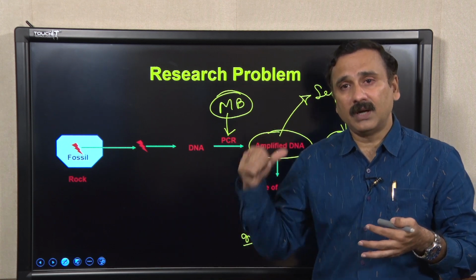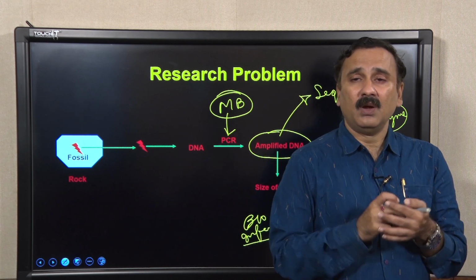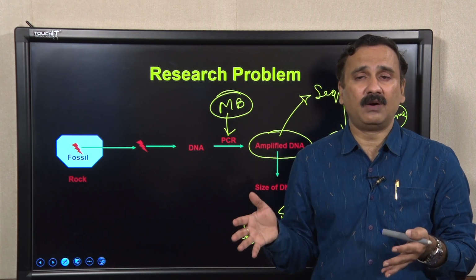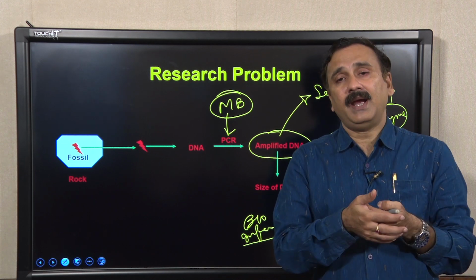Apart from that, this protein can be asked many other kinds of experiments, like whether this is an enzyme, what could be the activity of this particular protein, whether it is a structural protein or a functional protein like the enzymes, and so on.